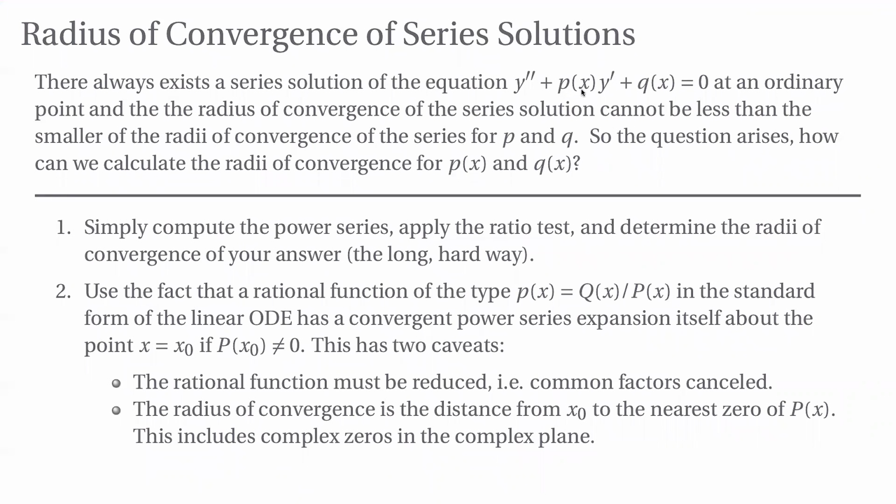Now, rational functions mean that the function can be written in the form q of x over p of x, where both q of x and p of x are polynomials. Turns out that most of our ODEs we actually care about this for have that property, that these terms here will be a polynomial over a polynomial, polynomial over a polynomial.